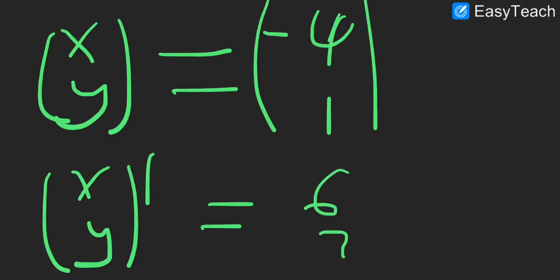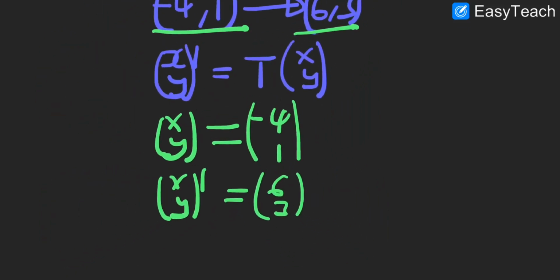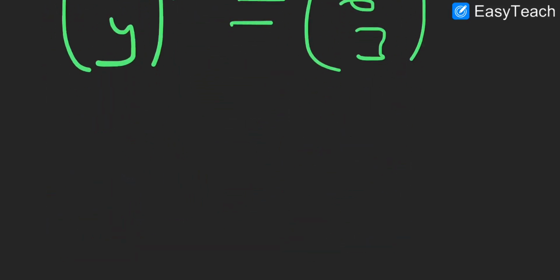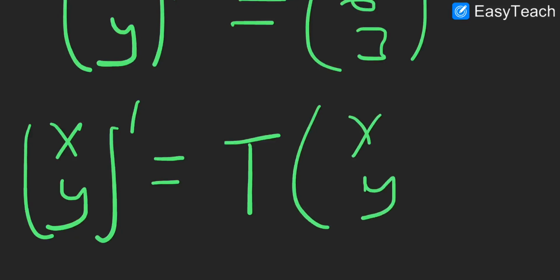Now I can find the values of x and r by considering the formula, because we know that always the image x, y is equal to transformation T multiplied by x, y.